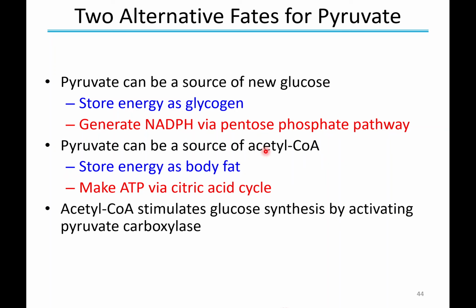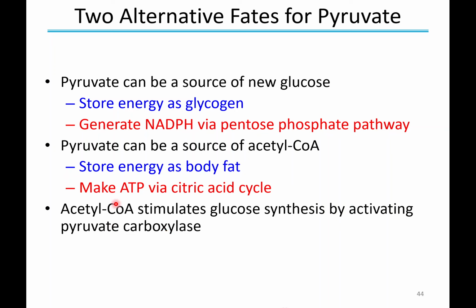Pyruvate can also be a source of acetyl-CoA. Okay. So acetyl-CoA can be stored as energy in body fat if you have enough energy. It can also be used to make ATP via citric acid cycle if you still are energy deficient. Okay. Acetyl-CoA stimulates glucose synthesis by activating pyruvate carboxylase.